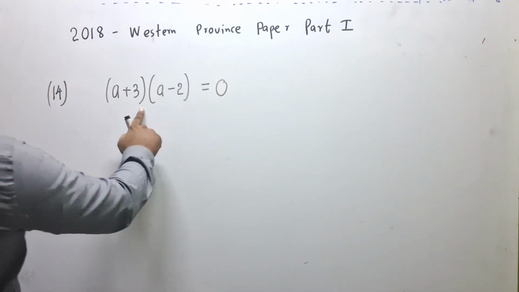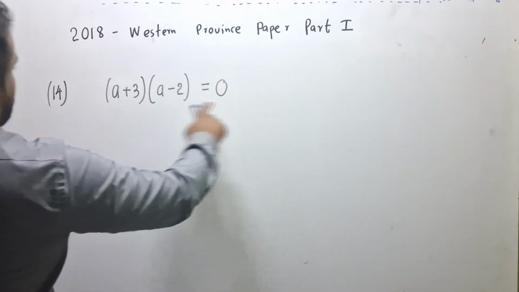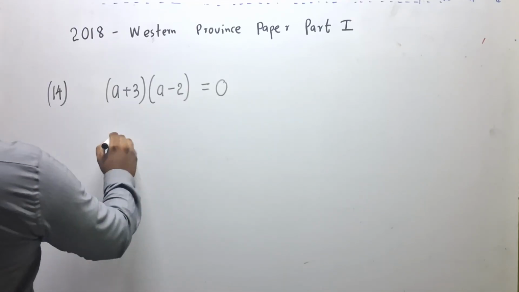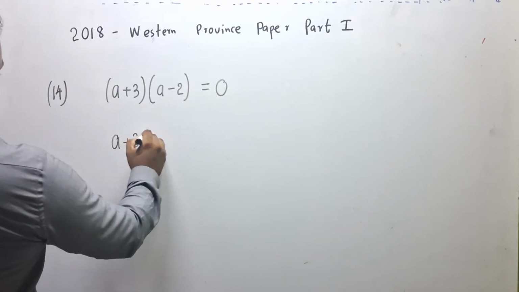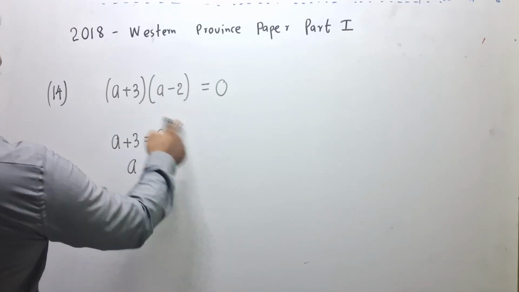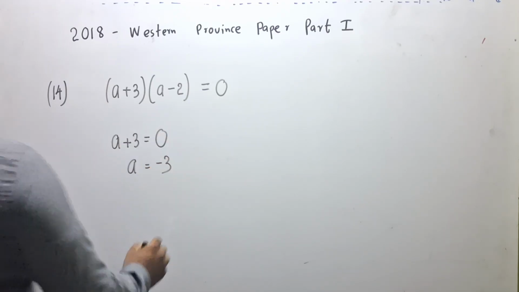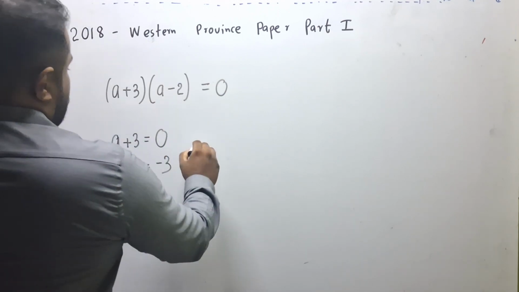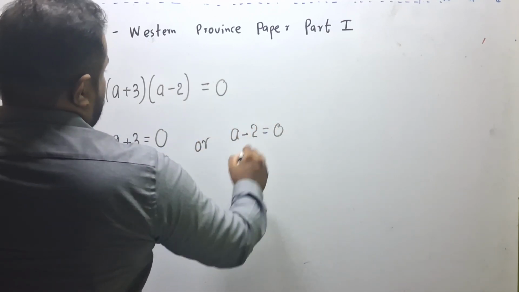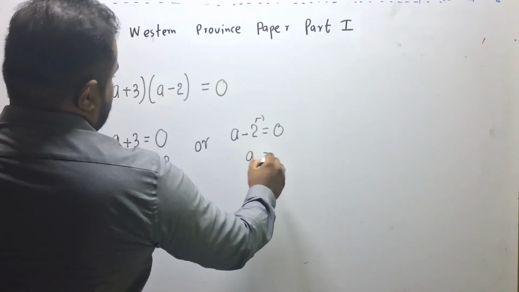If this bracket becomes 0, the answer is 0. If this bracket becomes 0, the answer is 0. To make this bracket 0, A plus 3 equals 0. A equals, take this 3 to the other side, minus 3. To make this bracket 0, put 0: A minus 2 equals 0. A equals plus 2.